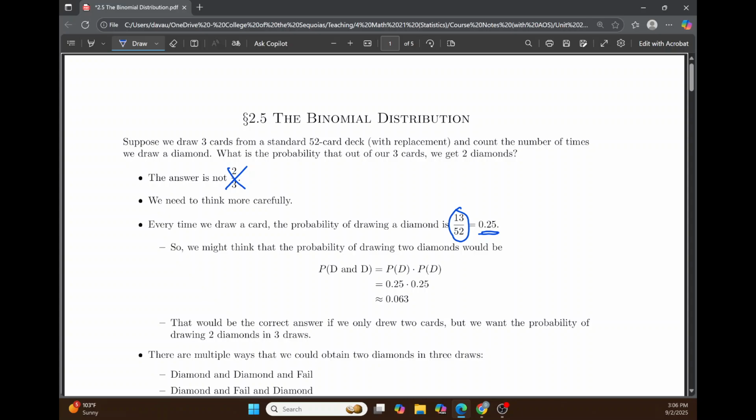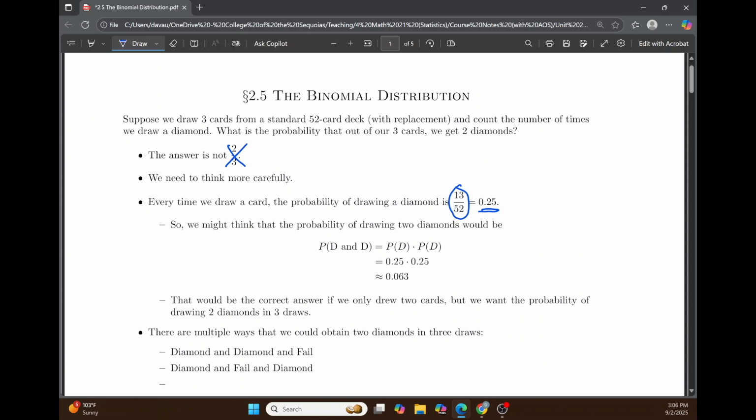So we might think that the probability of drawing 2 diamonds would be the probability of drawing a diamond and then drawing another diamond. And since we're replacing the cards back in the deck, we can think of those as independent events. And so it would just be 0.25 times 0.25. But this is also incorrect. It's closer than 2/3, but it's still not quite there.